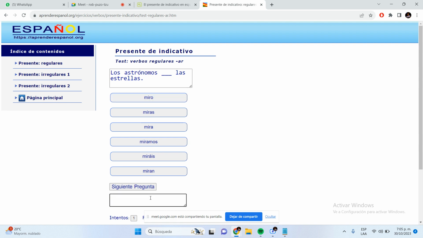Los astrónomos las estrellas. So first, our verb here is mirar. Maybe you know the meaning of mirar. To look. Yes, to look, right?